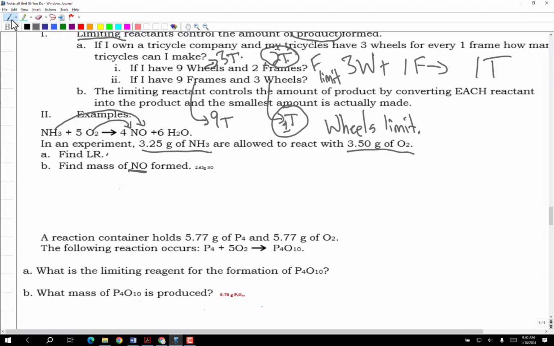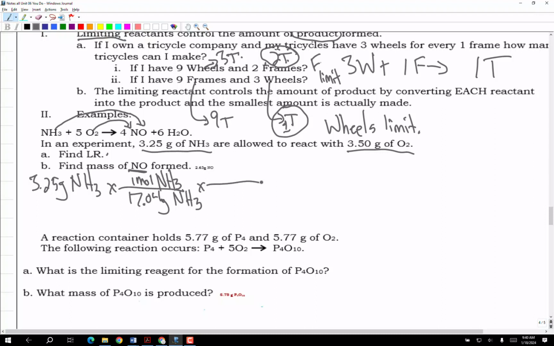So here we go. I have 3.25 grams of NH3 times dividing bar, and then grams of NH3, which is 17.04 grams. I go to the periodic table and 1 mole of NH3.